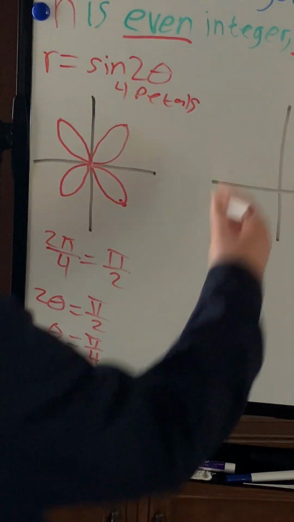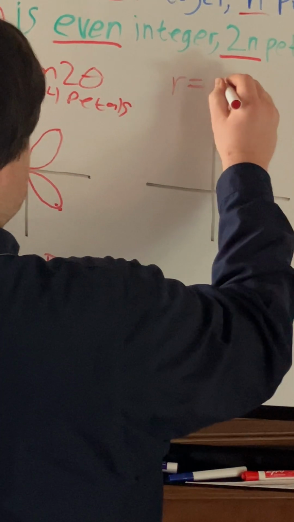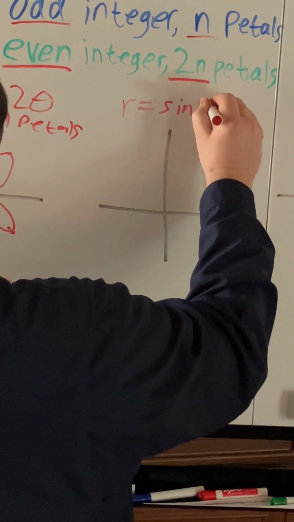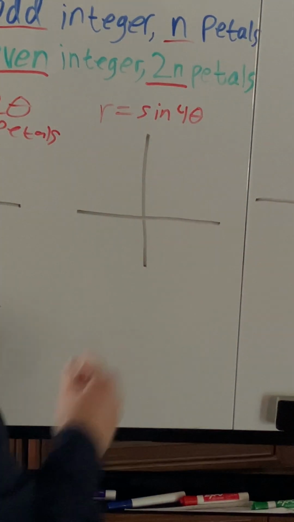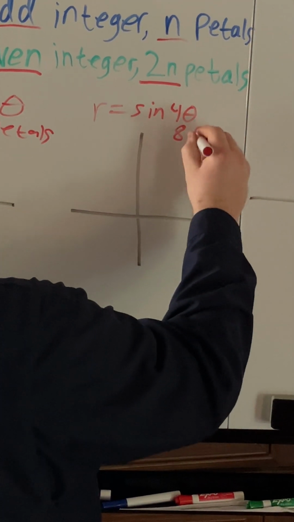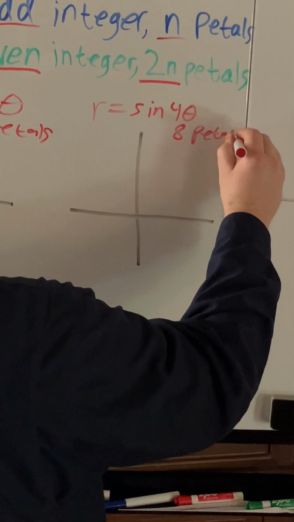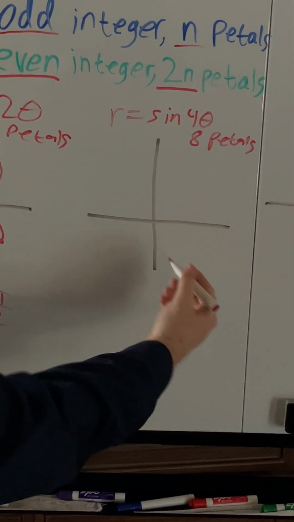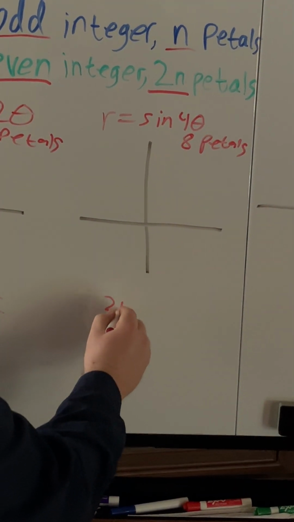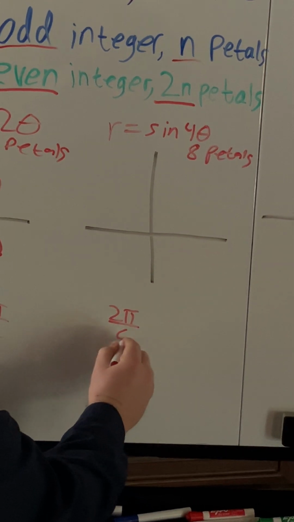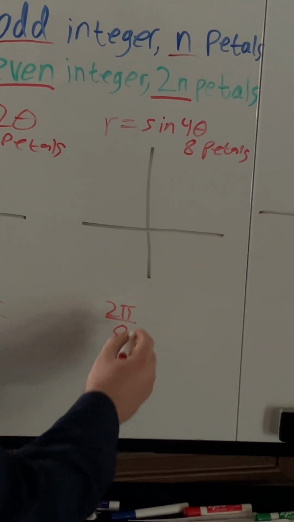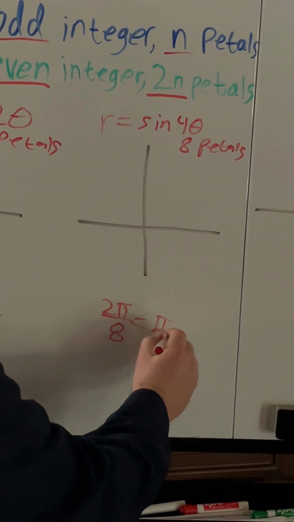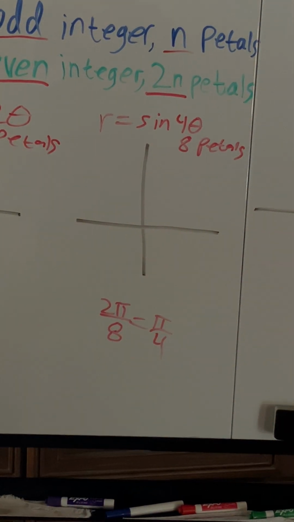Let's say we had sine 4 theta. Well, then we're going to have 8 petals. How far apart are they? Pi over 4 away from one another, which is 45 degrees.